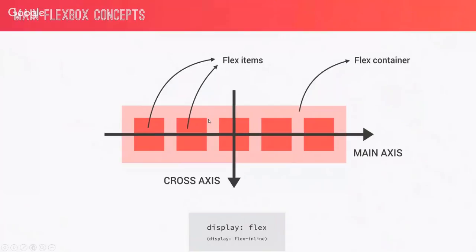Along the cross axis, we see that the flex items are positioned in the center of the cross axis, at equal distance from the top and from the bottom. And so that's this alignment here. What you should always take into consideration is the main axis and the cross axis.